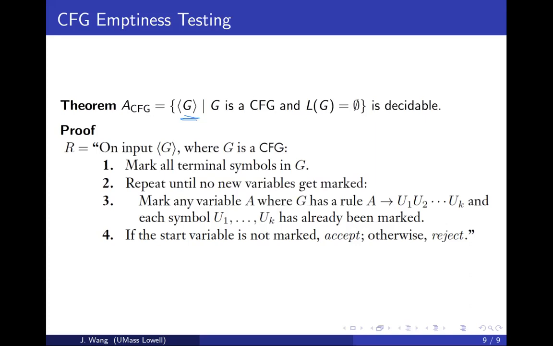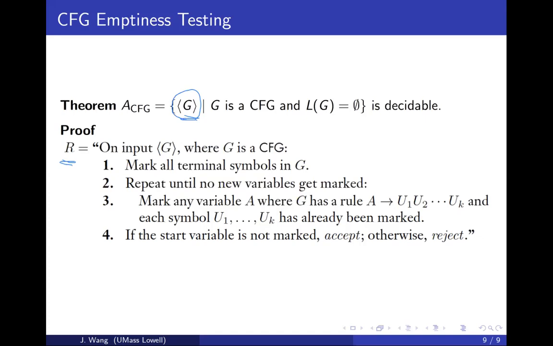So what we do here is that we construct a decider R such that on this input, which is the encoding of a context-free grammar, we first mark all terminal symbols in G. Okay, so this is the alphabet. And then repeat the following until no new variables get marked.